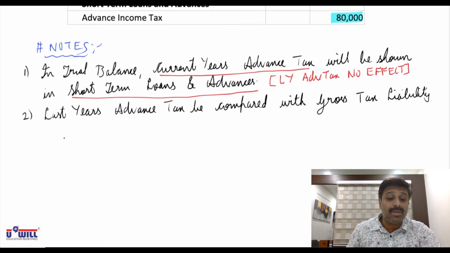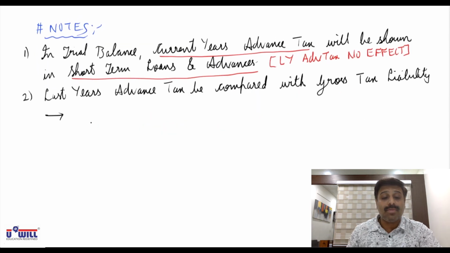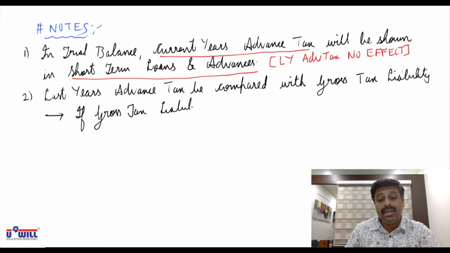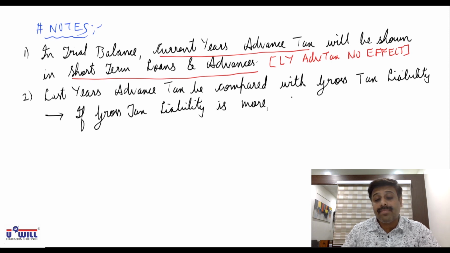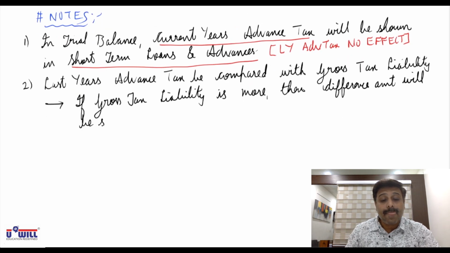Now, two things are possible. If gross tax liability is more, then difference amount will be shown as tax payable in other current liabilities.